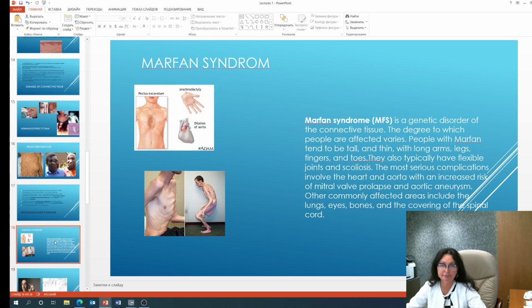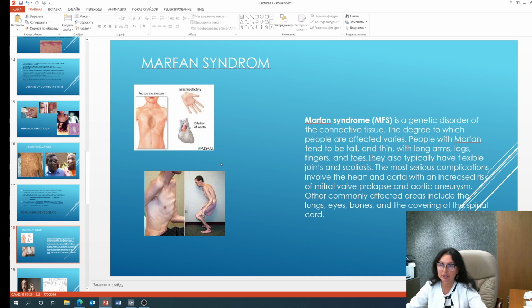They are benign tumors. Marfan syndrome is also a connective tissue disorder. Marfan syndrome is a genetic disorder of the connective tissue. The degree to which people are affected varies. People with Marfan tend to be tall and thin, with long arms and legs, fingers, and toes.